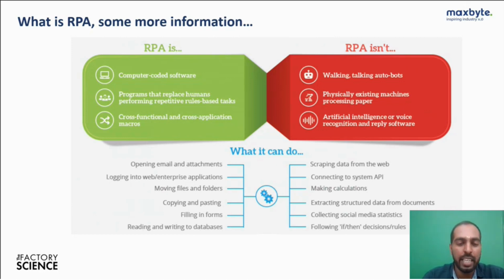It can also read and write in databases in timely succession, do data scraping from web pages, connect the system with APIs, make repetitive calculations, and extract structured data from documents. If you want social media statistics, or anything that follows if-then rules, these decision-making rules we can enable through RPA.